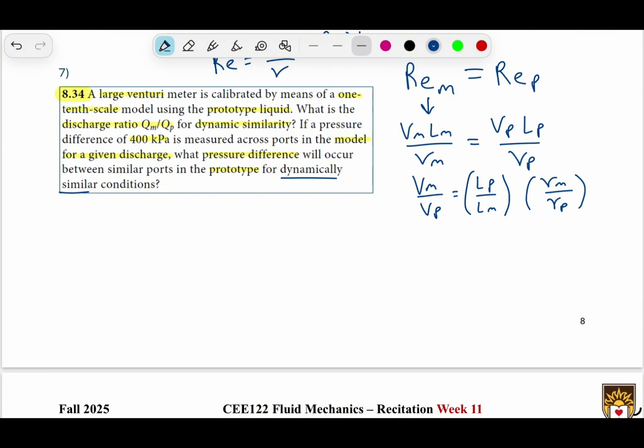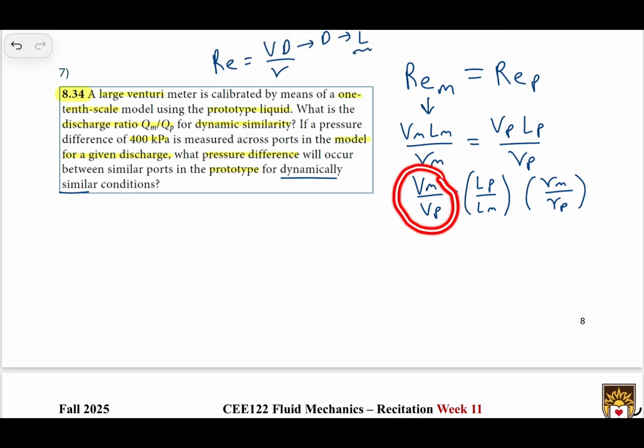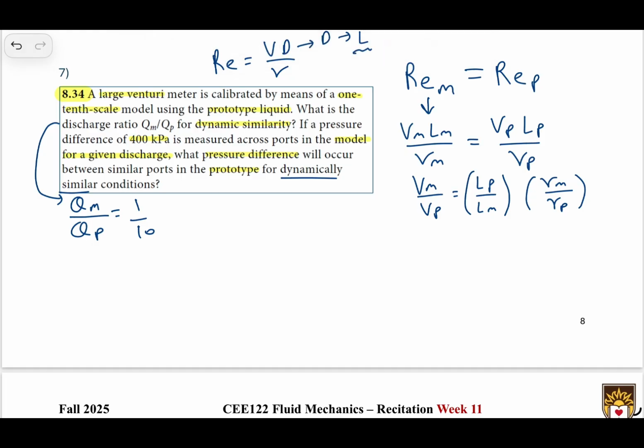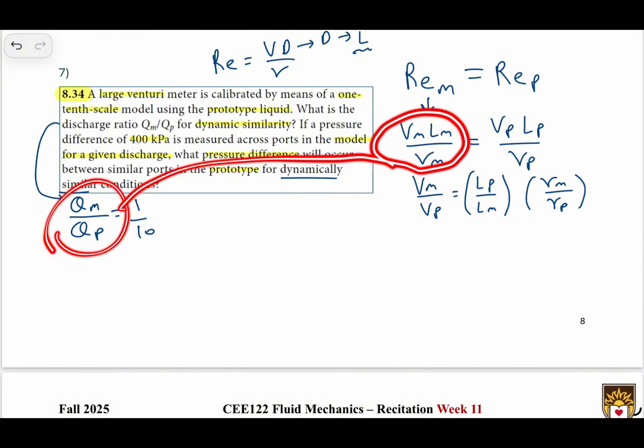So the reason for leaving this velocity ratio or velocity proportion, because the question says there is a ratio for the discharge of model and prototype. So this means QM over QP is 1/10. Therefore, we are aiming to find QM within these Reynolds equations.